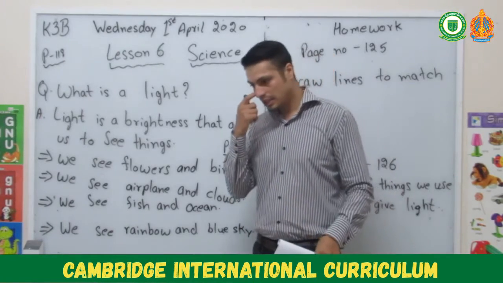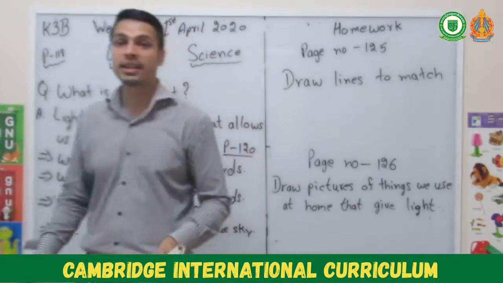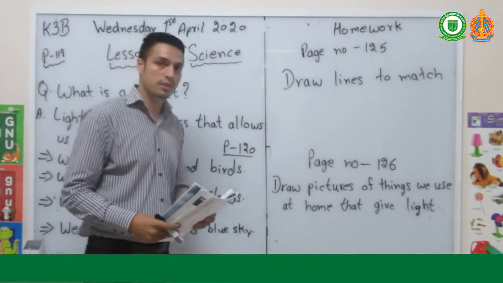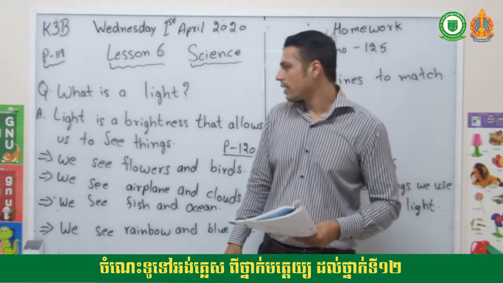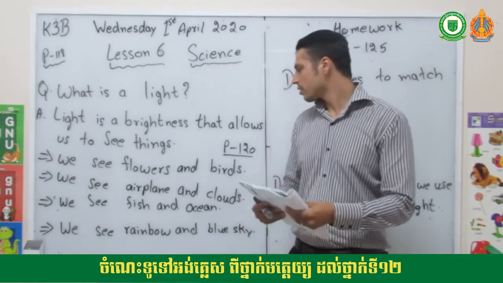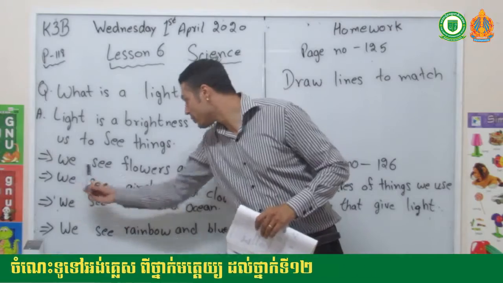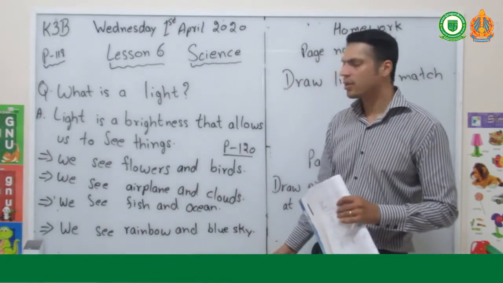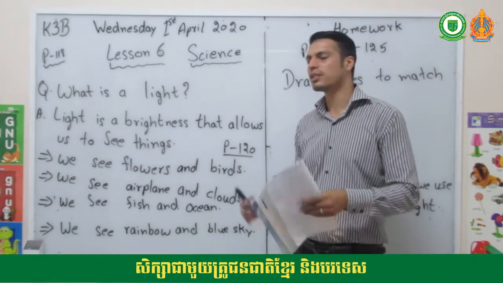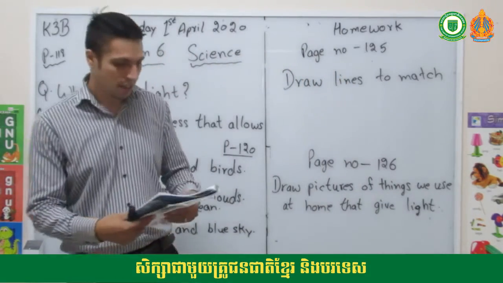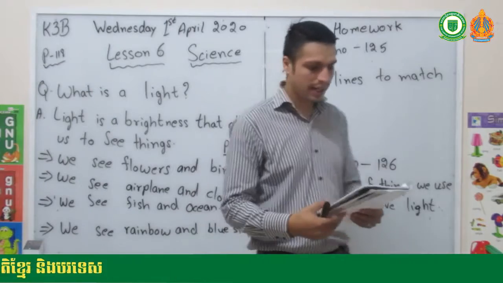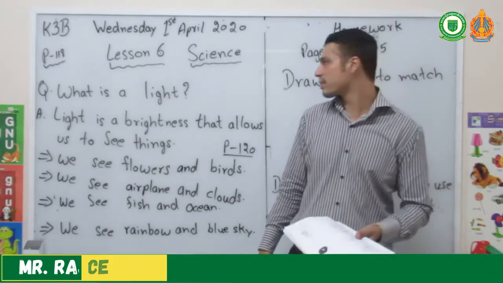And artificial lights, we use flashlights, light bulbs and torch. With the help of light we see flowers, birds, motorbikes, people, food. So light helps us to see things.